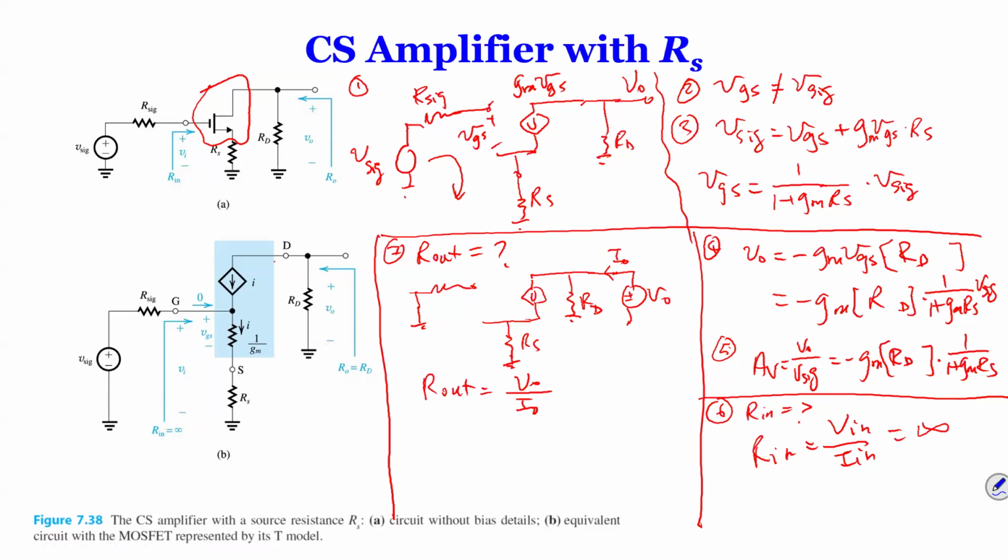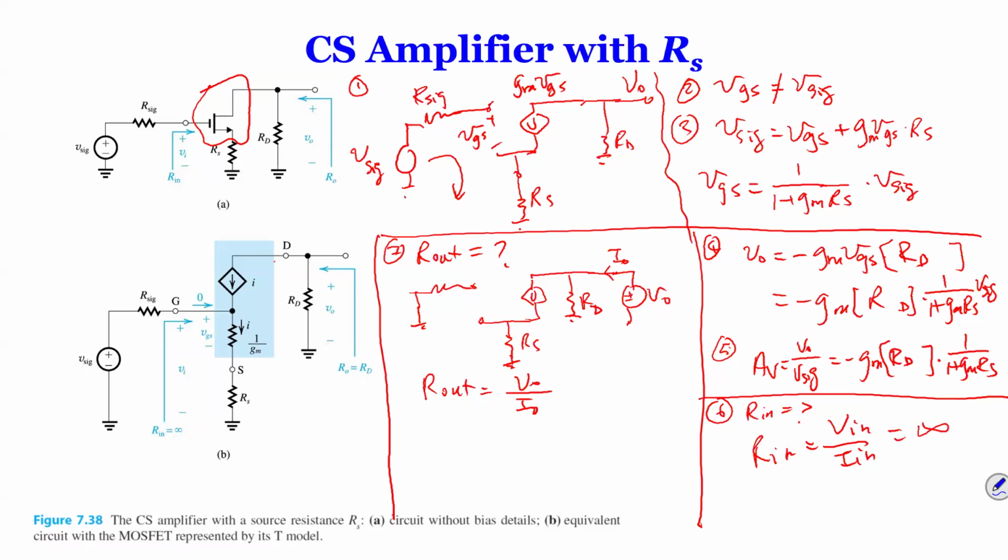So when we find Rout, what we're doing is shorting the input voltage, but we keep the current source over here. The reason we keep it here is because we don't know whether that current is 0 or not. If it's not 0, it's something. But if it is 0, we can open it and it will be simpler. But in this case, actually, it is not 0.